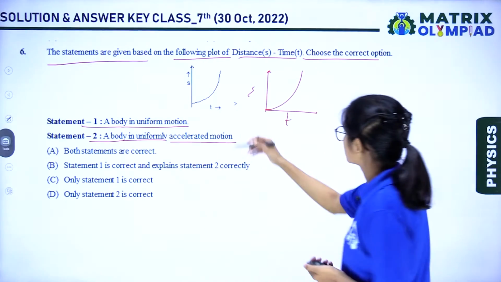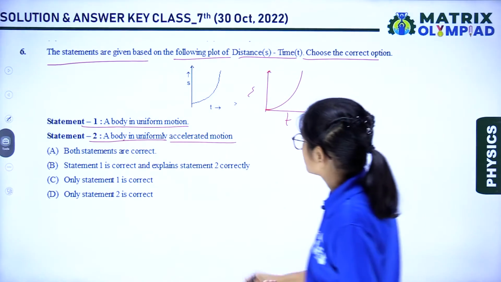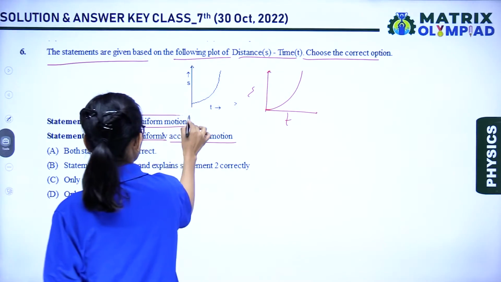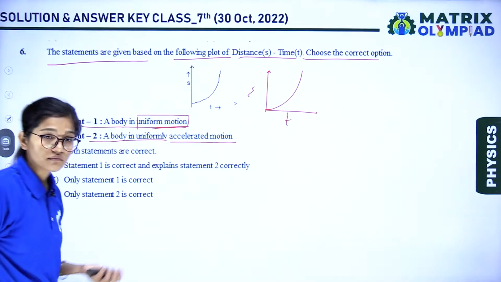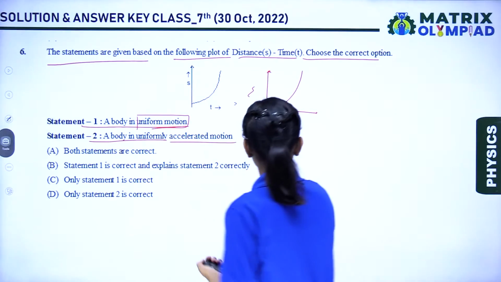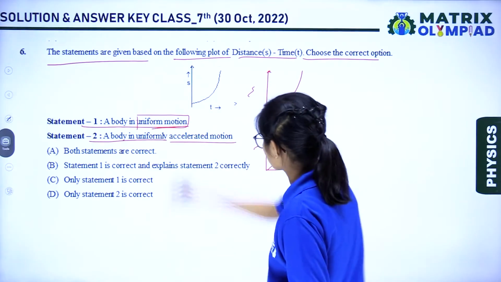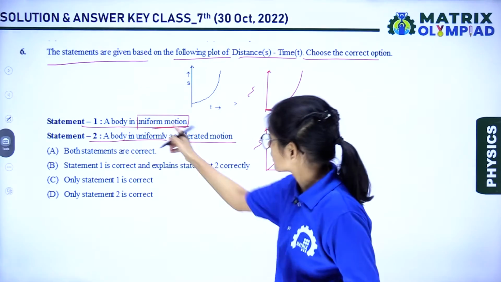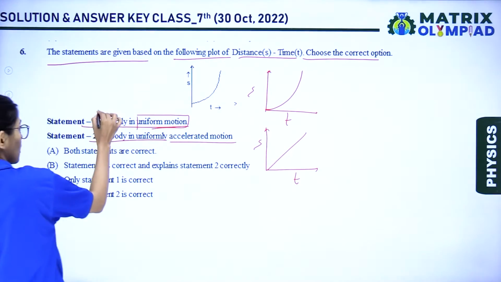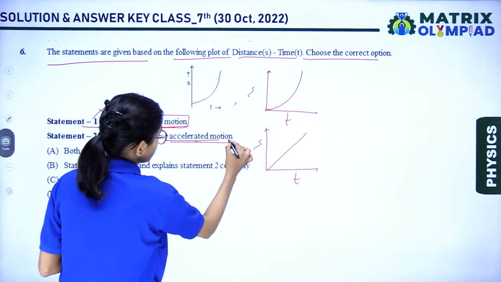Here the distance increases with time. If I'm talking about uniform motion, then in uniform motion our speed will be constant, and if speed is constant, then the graph between distance and time will be a straight line, but it's not a straight line, so that is incorrect.